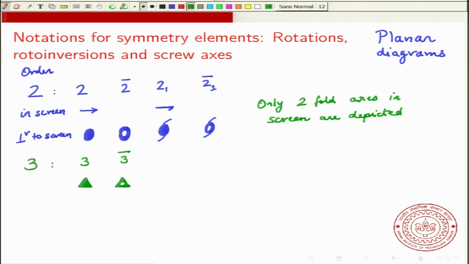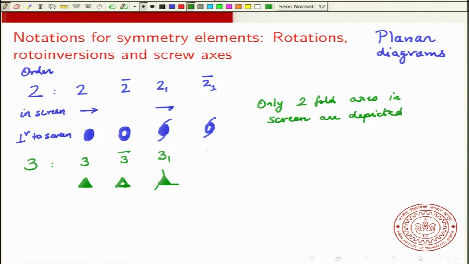Okay. If you have a 3 sub 1, then you show it by a filled triangle with these extensions here.